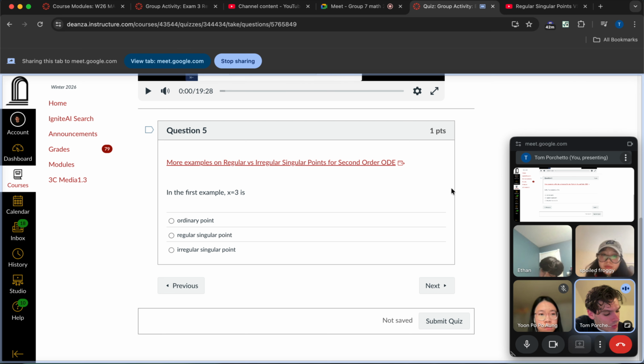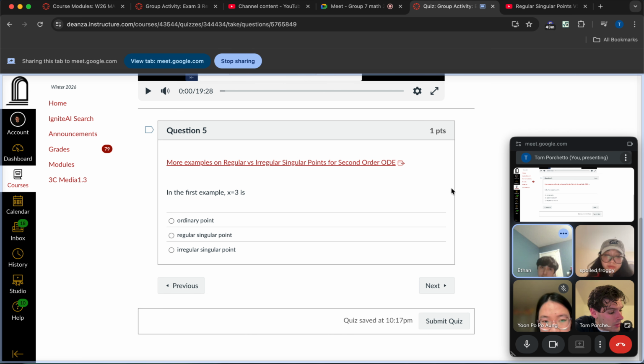Well, the same process for when x is equal to 3: taking the limits of (x minus 3) times p(x), and then (x minus 3) squared times q(x). In that case, I have a limit whose answer is infinity, so that means it's an irregular singular point, basically.